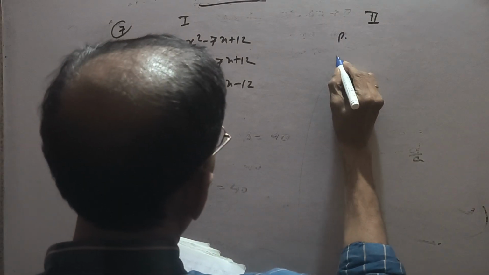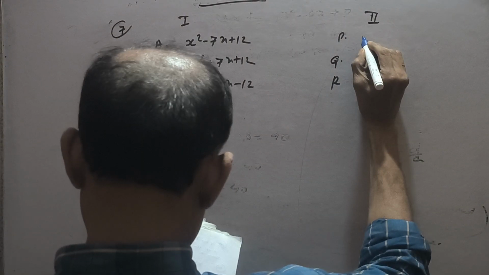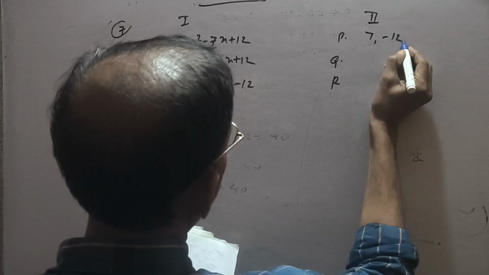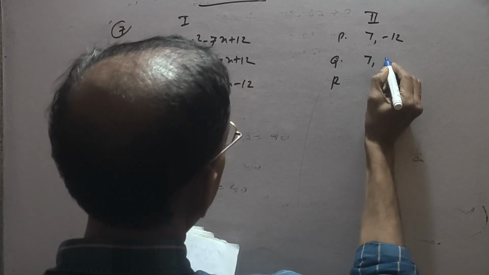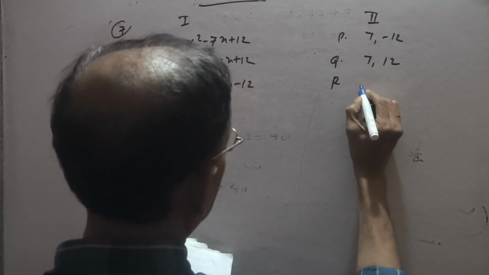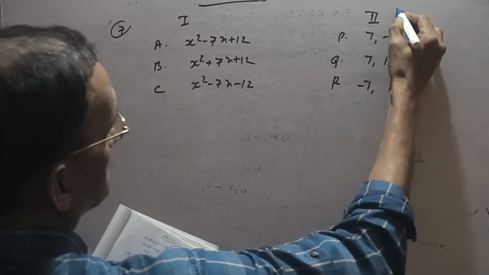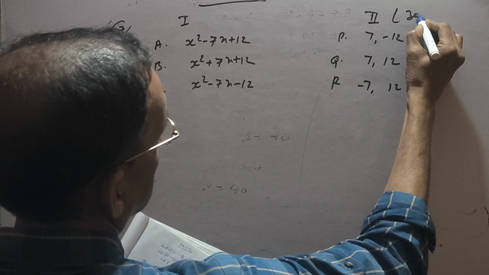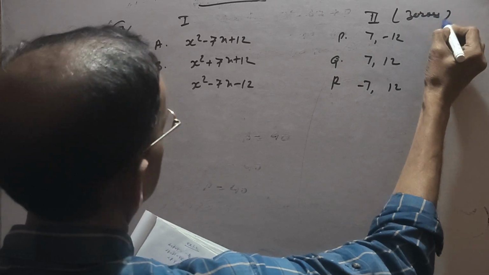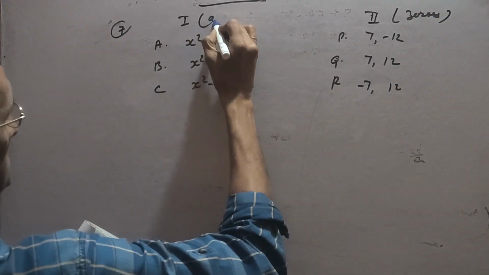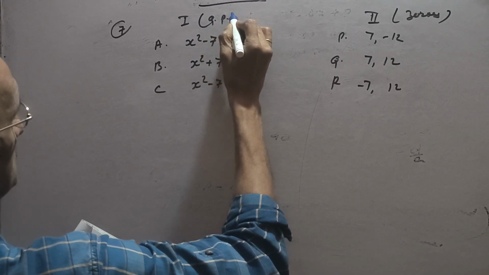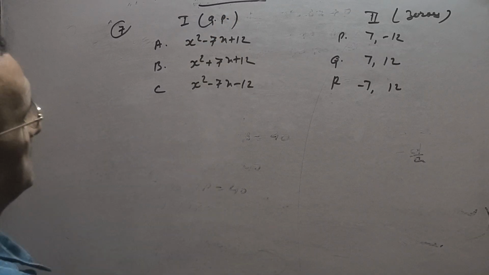In column 2, they have given P, Q, R as 7 and minus 12; 7 and 12; and minus 7 and 12. You have to match A.